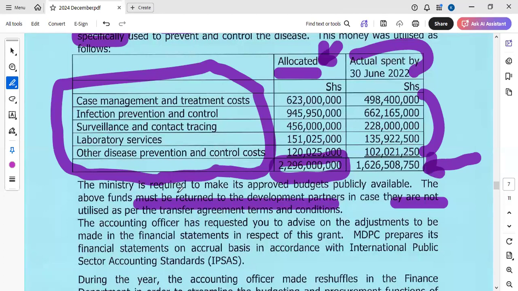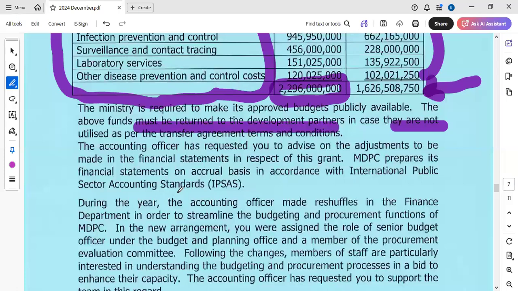So the accounting officer has requested you to advise on the adjustments to be made in the financial statements in respect of this grant.